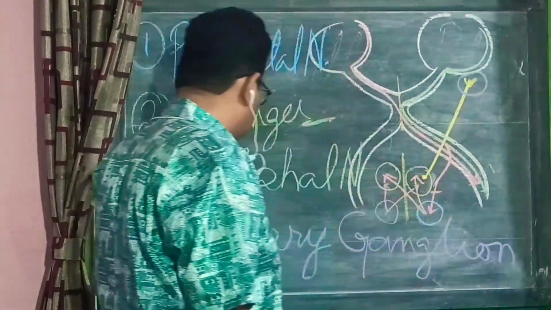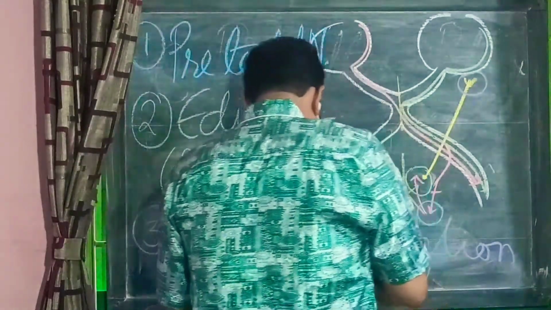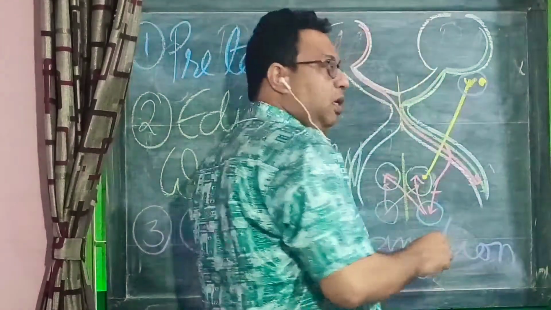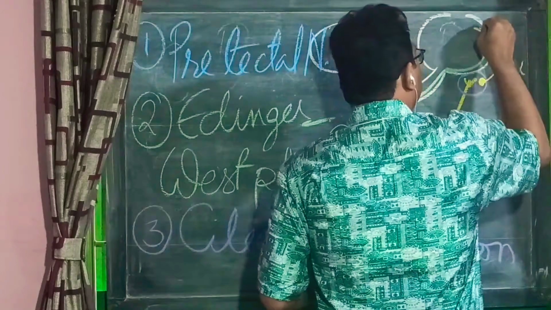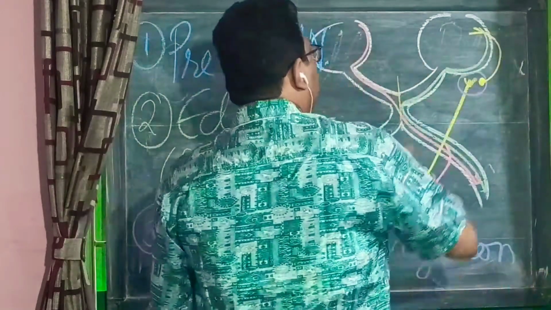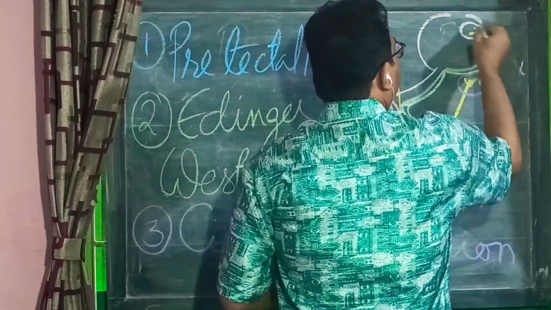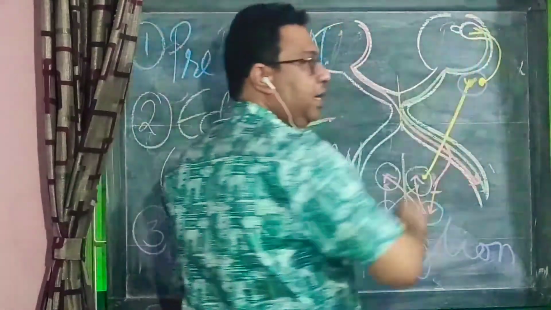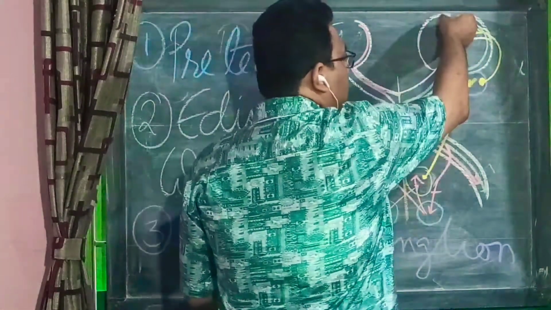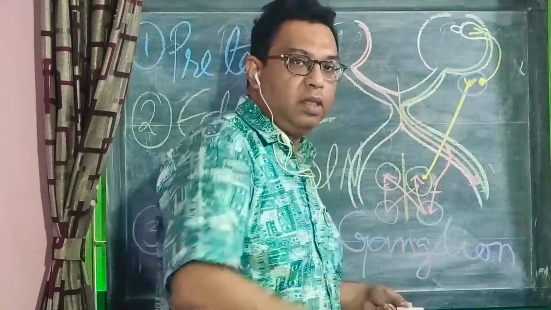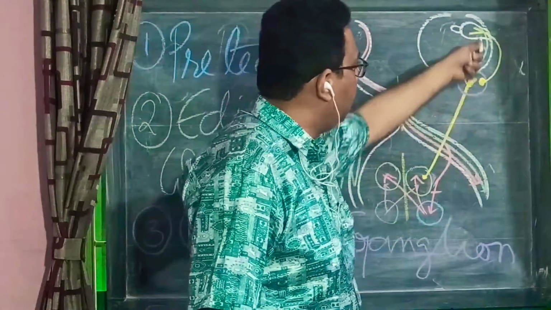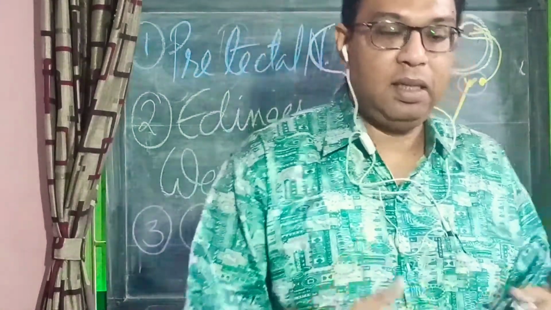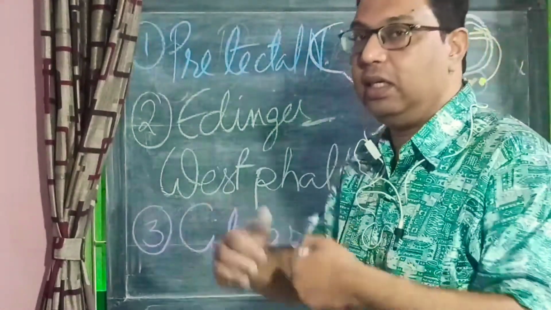They will go to the ciliary ganglion, and from the ciliary ganglion there will be generation of postganglionic parasympathetic fibers, which will stimulate the ciliary body and the iris. So both the ciliary body and the iris will constrict. The circular muscle in the iris will bring about a constriction of the pupil, and the ciliary body will also constrict, thereby loosening the zonules and allowing the lens to increase in anterior-posterior diameter.